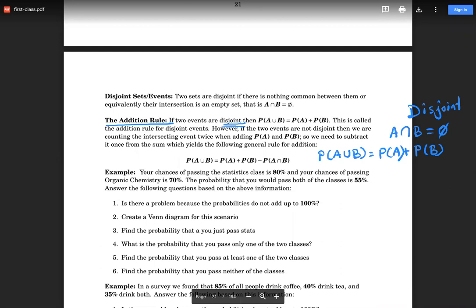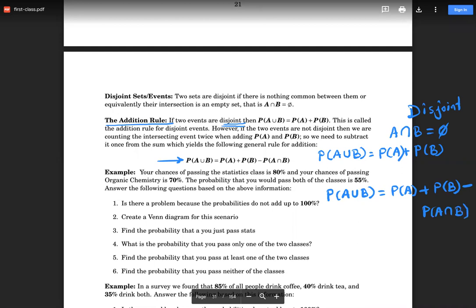On the other hand, if they are not disjoint, the formula is going to be this: the probability of A union B is equal to the probability of A plus the probability of B minus the probability of A intersection B.